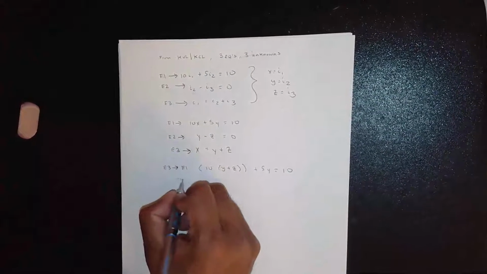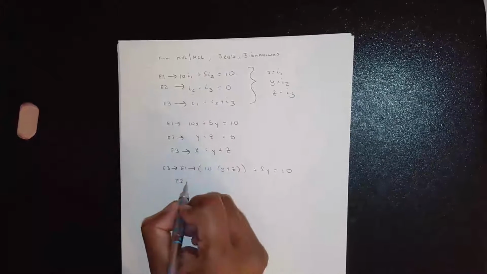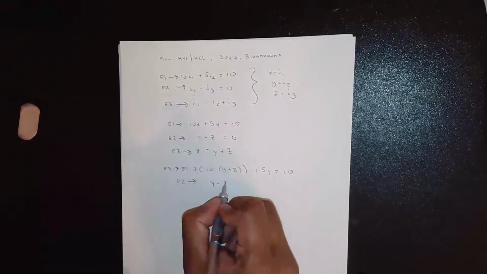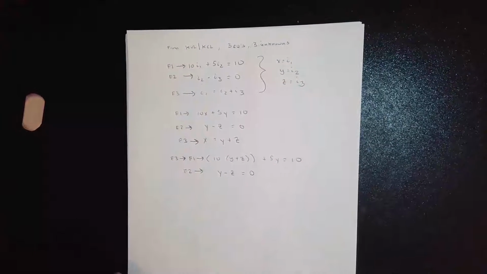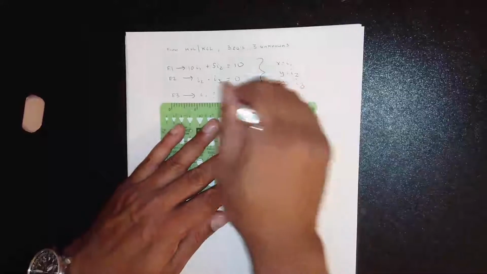My equation 2 is now y minus z is equal to 0. You have to separate this out a little bit and go through everything step by step.